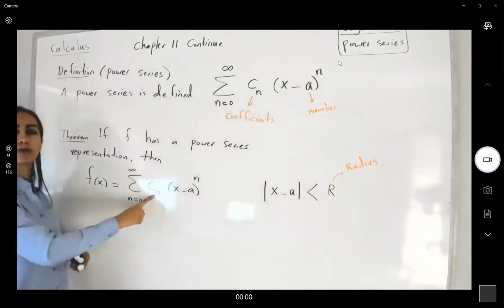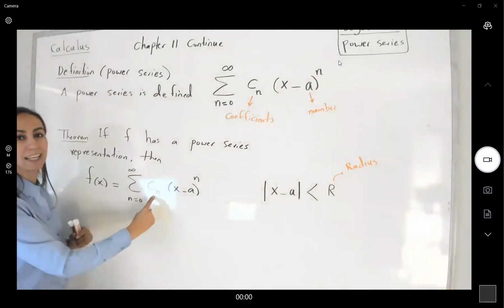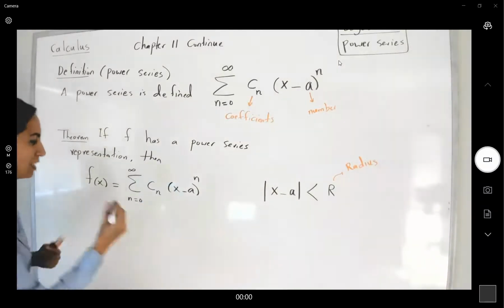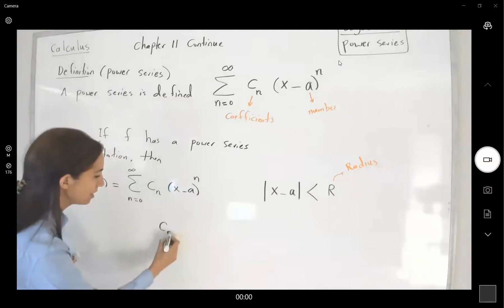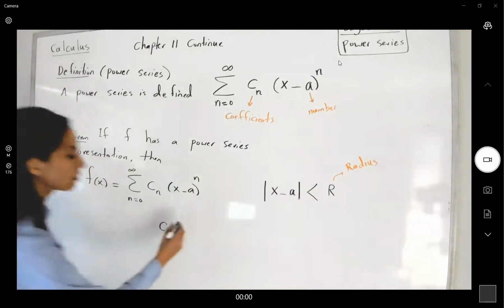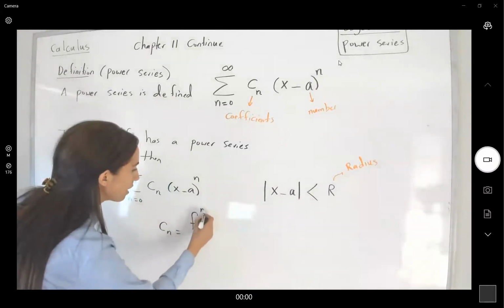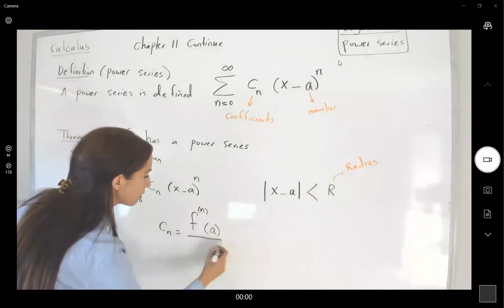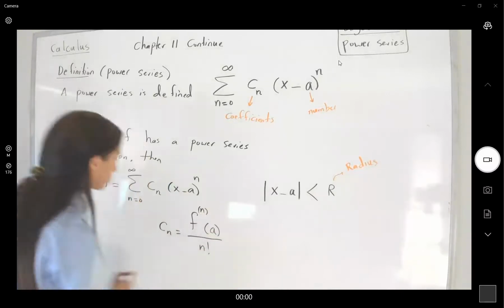Do we have a formula to connect c sub n to f? We have formulas. c sub n can be defined as the nth derivative of f evaluated at a divided by n factorial.